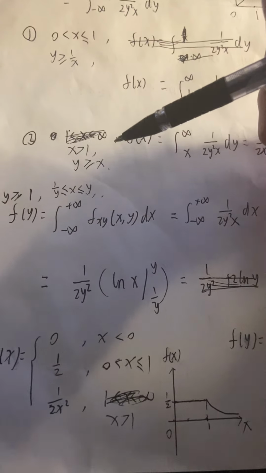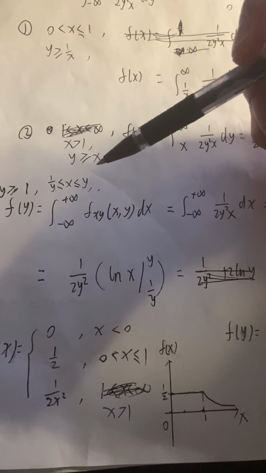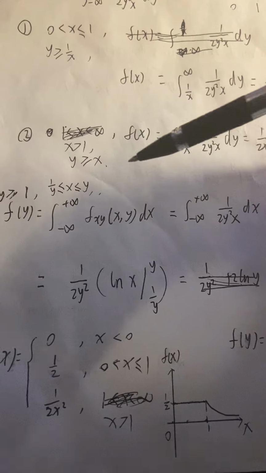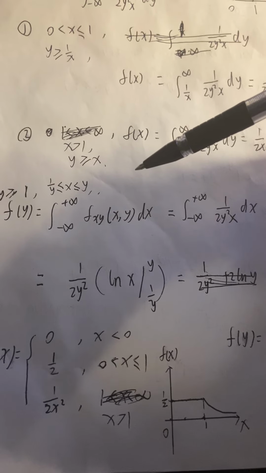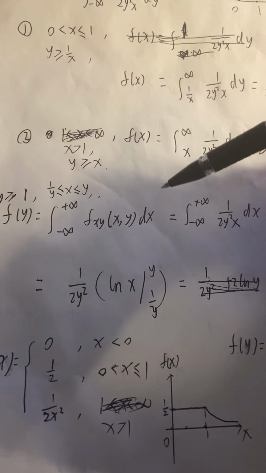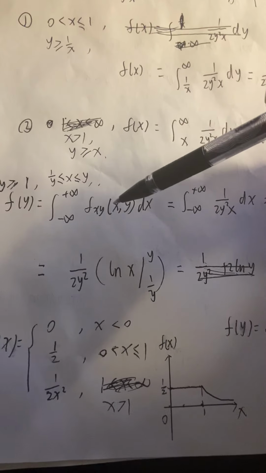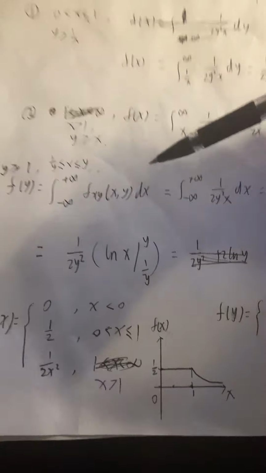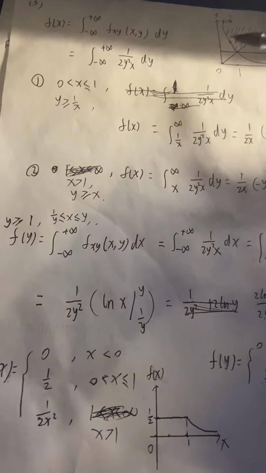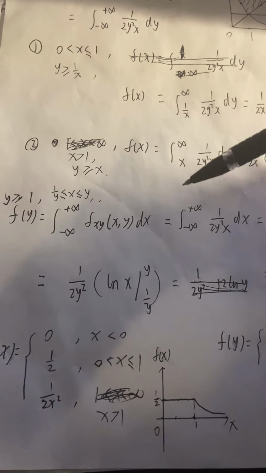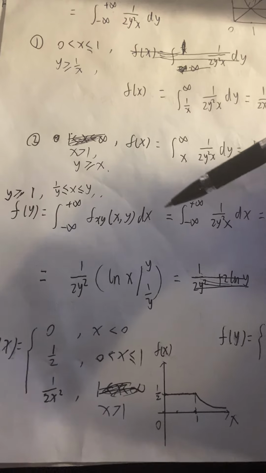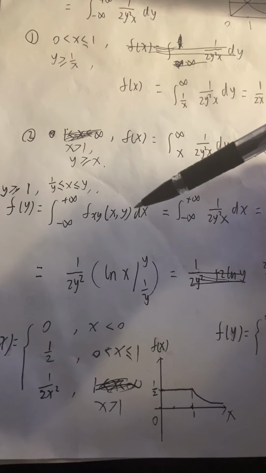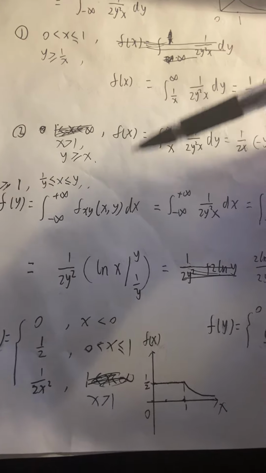We know by definition f y is the integral of the joint density function of xy dx. So in the shaded area, y is larger than or equal to 1, and x is between 1 over y and y.